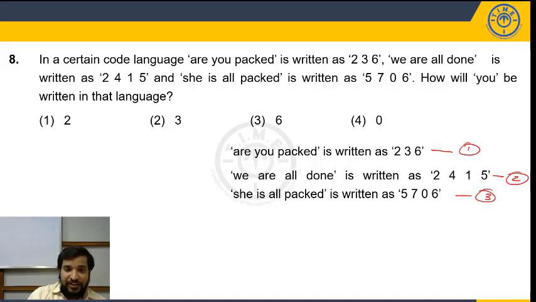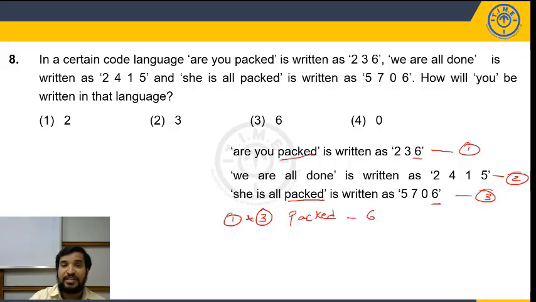If you compare 1 and 3, what's the common word we have? Packed. From 1 and 3, packed is common. And in code, what's the common code we have? That is 6. So from 1 and 3, we can say packed is coded as 6.